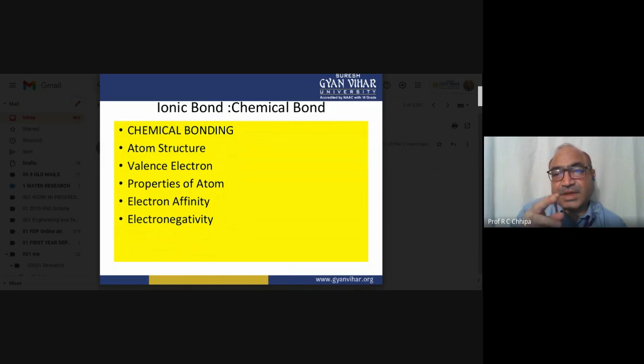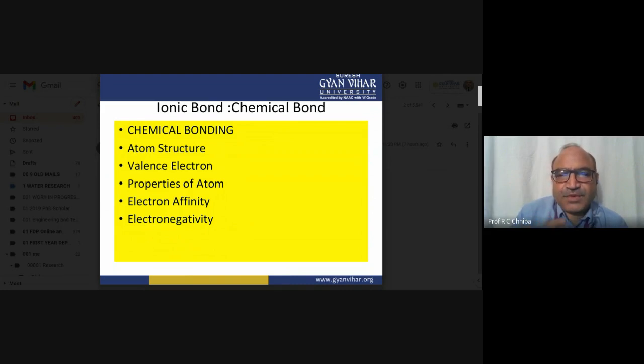The third one, which is the most relevant, is the coordinate bonding. In coordinate bonding, there is also the role of an electron pair. But here the situation is a donor-acceptor relationship. If an atom donates an electron pair, that electron pair is accepted by the other.